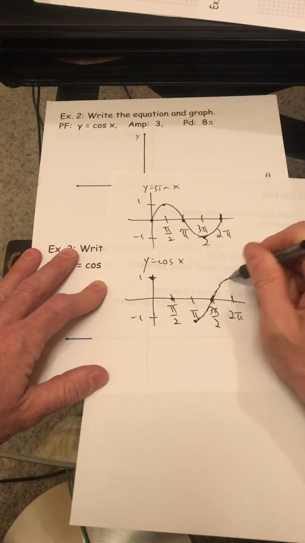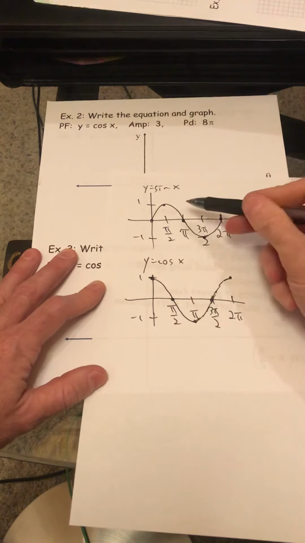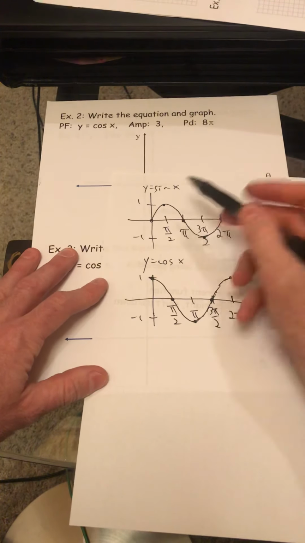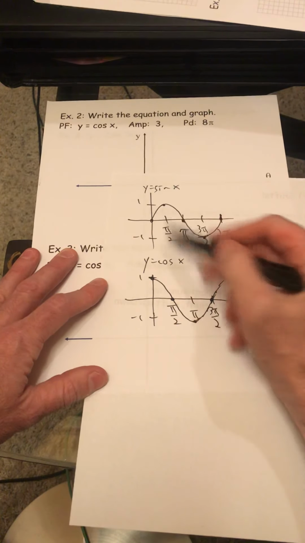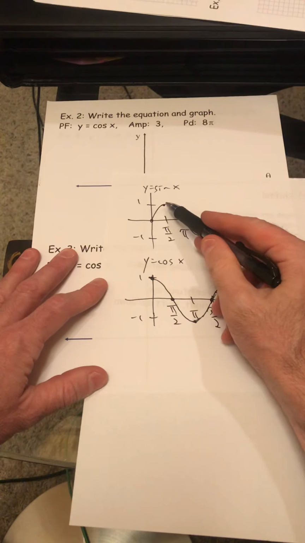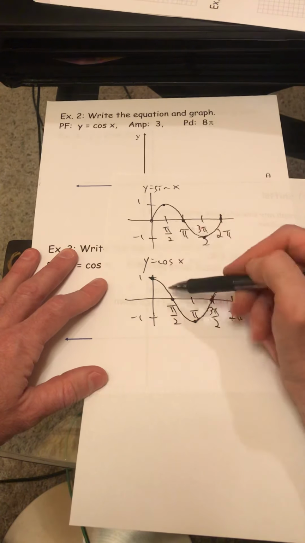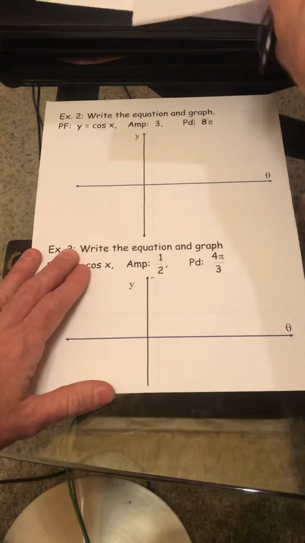I know in the 4-4 notes, sine and cosine are basically the same graph. They're just shifted. Basically, to get a cosine wave from a sine wave, you could view it as just shifting the sine wave left pi over 2. So they are essentially the same graph.